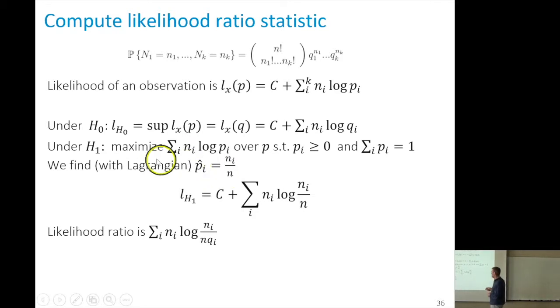But the interesting thing here is that it is also the maximum likelihood estimate, because the maximum likelihood translates into an optimization problem. Here it is. Maximize the sum of ni log pi, that's the log of this, subject to the constraint pi larger than or equal to 0 and sum of pi equal to 1. How do you solve such a problem?